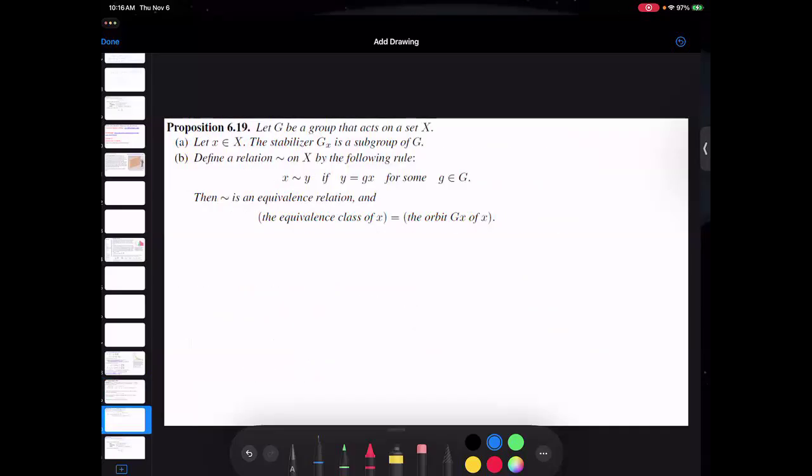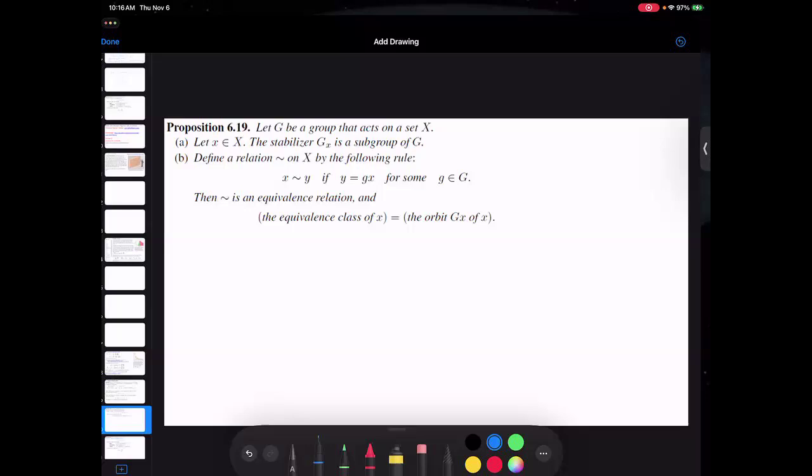Okay. And so now we started with proposition 6.19. Let X be an X. The stabilizer is a subgroup. I think that's what we ended class with on Tuesday. And then the next is define an equivalence relation with the following rule.